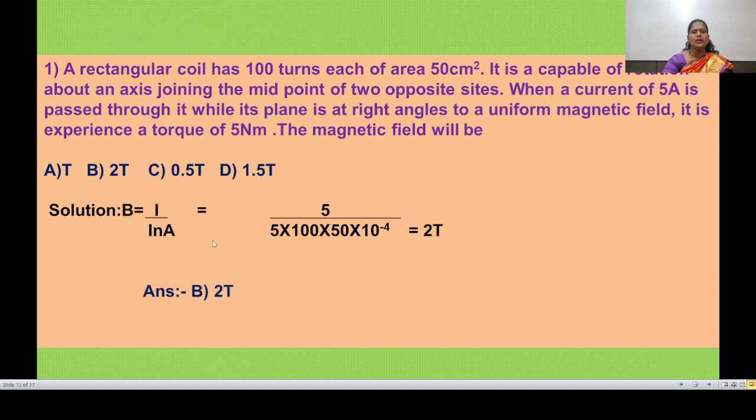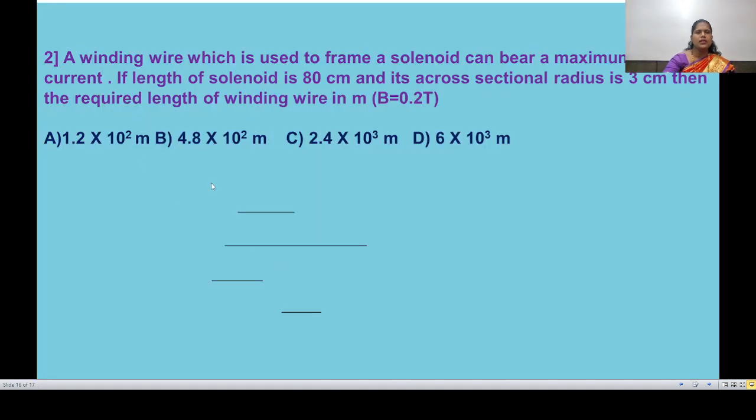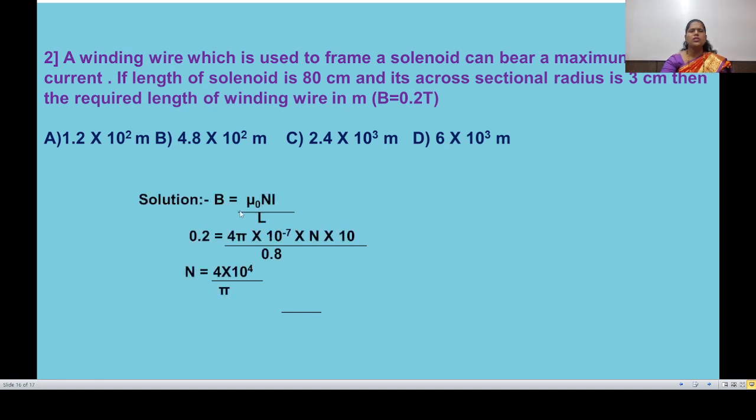The next numerical: a winding wire which is used to frame a solenoid can bear a maximum of 10 ampere current.